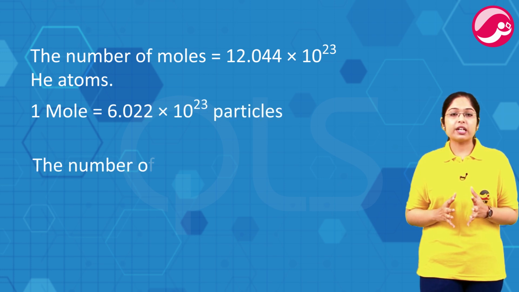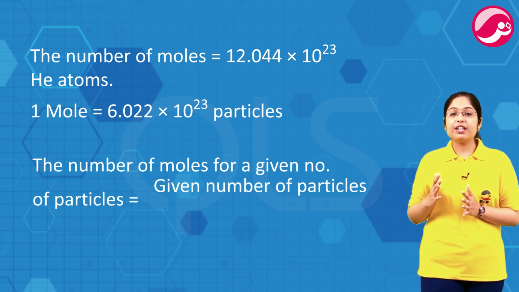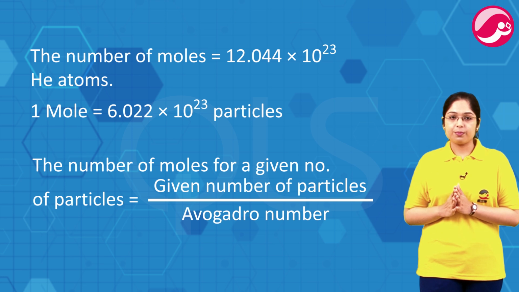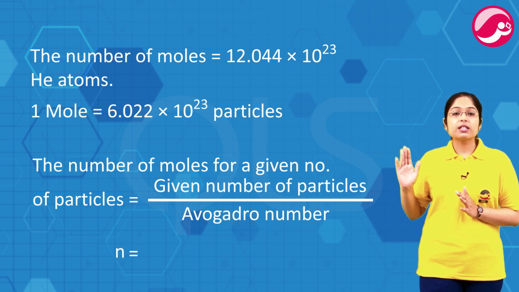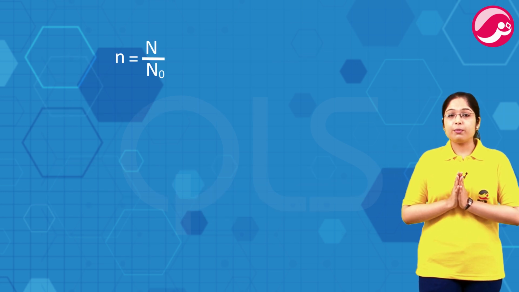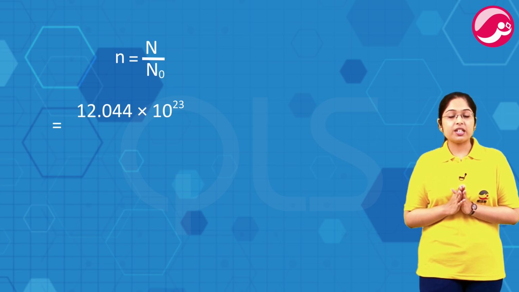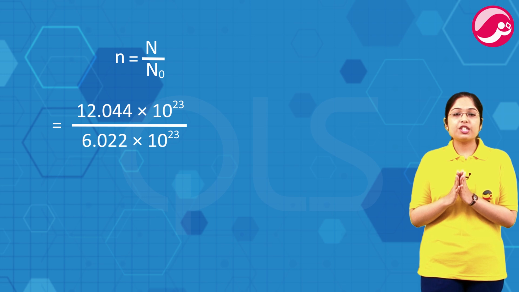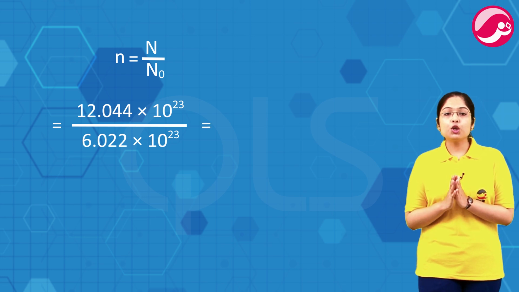The number of moles for a given number of particles is equal to given number of particles divided by Avogadro number. Or we can write it as small n equal to capital N divided by N naught. So it will be equal to 12.044 into 10 raised to the power 23 divided by 6.022 into 10 raised to the power 23, which will give us 2.